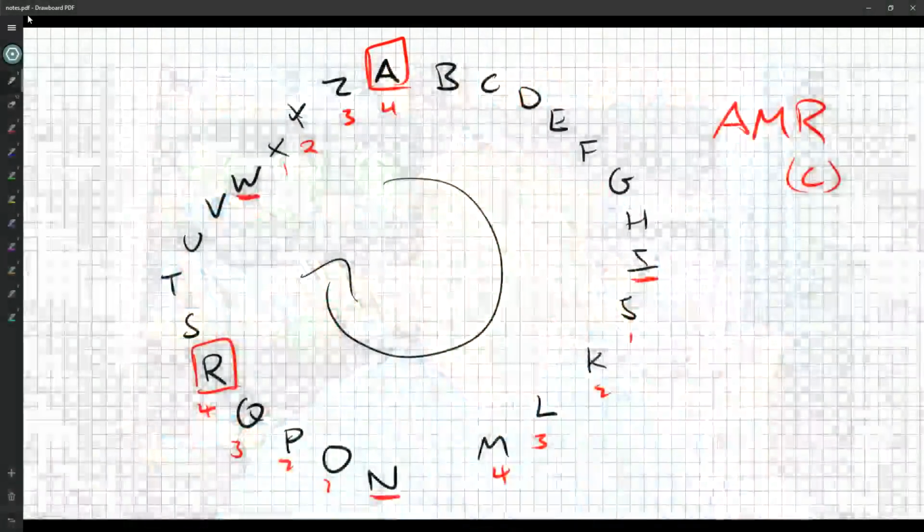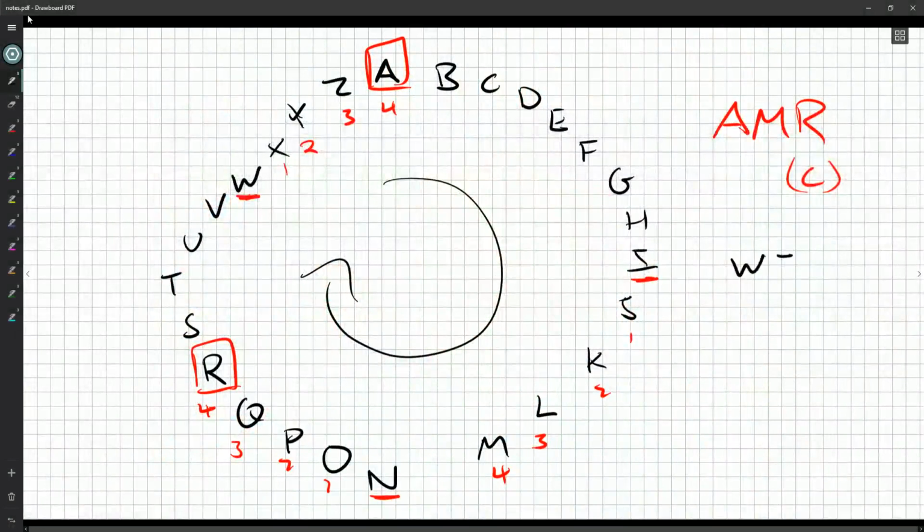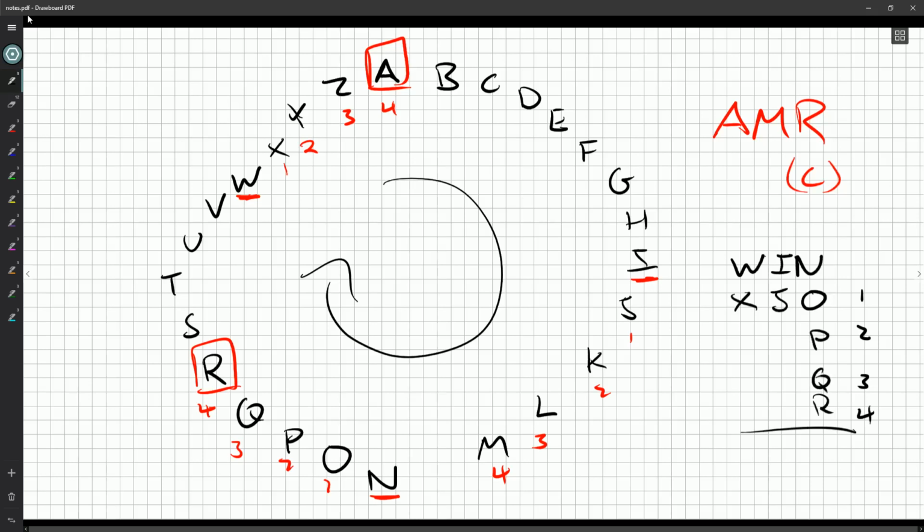Very simple. Then count up to the next letter in the alphabet. So this would be the 1, and then the 2, and then the 3, and then the 4, and we'll be done. So after W comes X, and then I is J, and then N is O, N, O, P, Q, R, S, T, U, and so on.